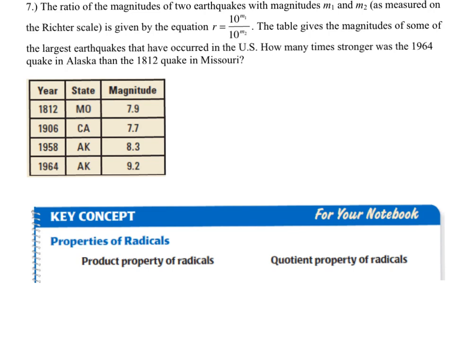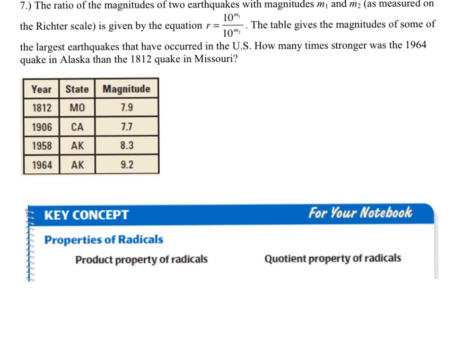Well, the 1964 quake in Alaska, so it had a magnitude 9.2. The 1812 quake in Missouri was 7.9. So we're going to do 10 to the 9.2 power divided by 10 to the 7.9 power, according to this formula.